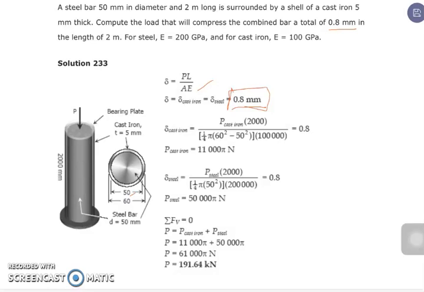So if we make use of the formula PL all over AE, we can substitute the given values. We start with the deformation on the cast iron.